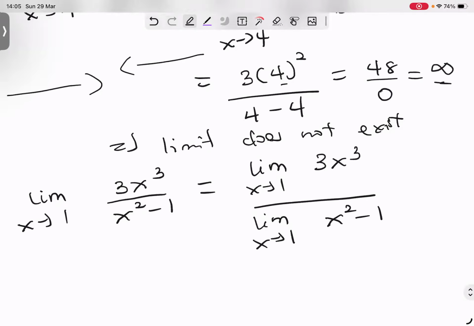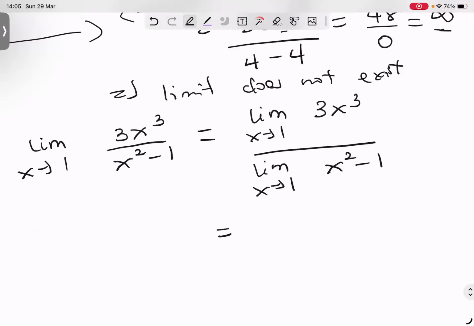Do the substitution. Wherever we see x, we put 1. So 3 times 1 cubed over 1 squared minus 1. And this will be 3 divided by 0.